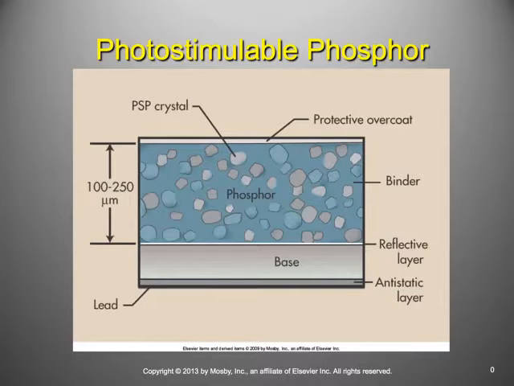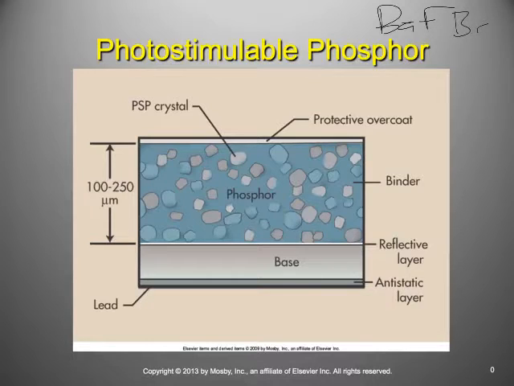We're going to work a lot with barium fluorohalide, and I meant to look this up, but I don't think he actually has the correct terminology. It says barium fluorohalide with europium, but then he abbreviates barium fluorohalide as BaFBr:Eu, right below it.